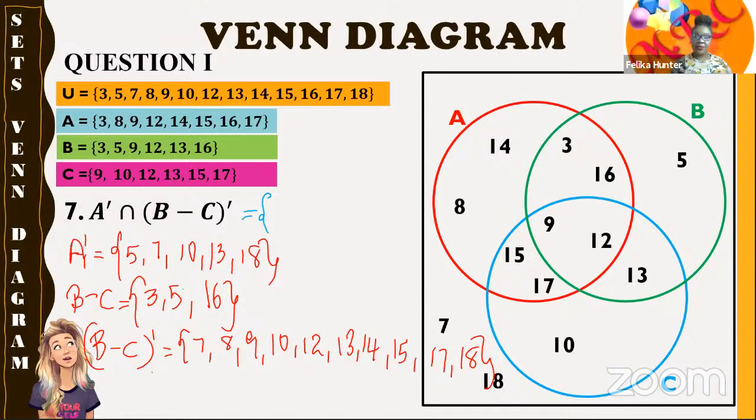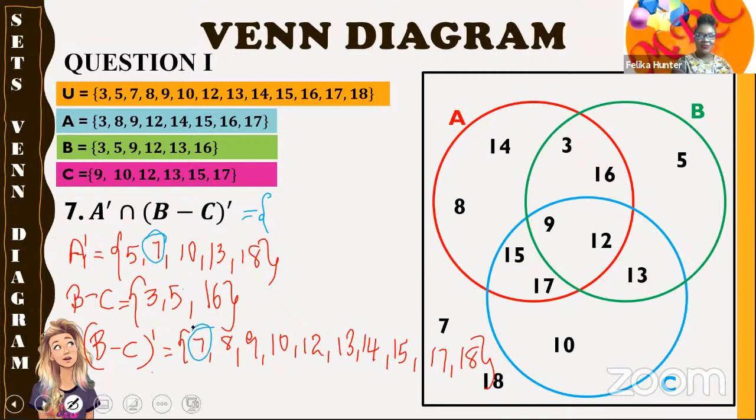Oh, sorry, Johnny. Go ahead, Johnny. My apologies. Yeah. 5. No. 7, miss. So we're looking at what's common.